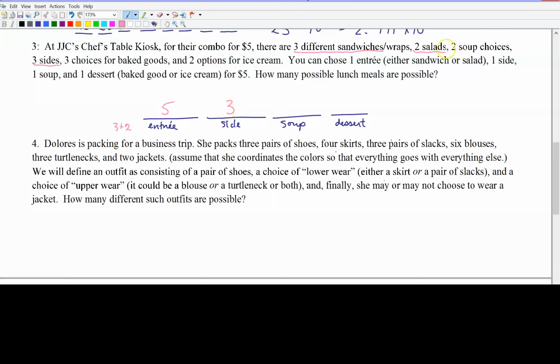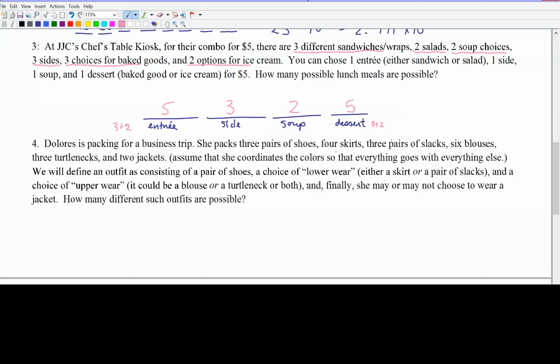For your soup, you have 2 soup options. And for your dessert you can choose either from baked goods or ice cream. So if there's 3 choices for baked goods and 2 choices for ice cream, then in that pool you're going to have 5 things that you get to pick from. So those are going to be your dessert choices.